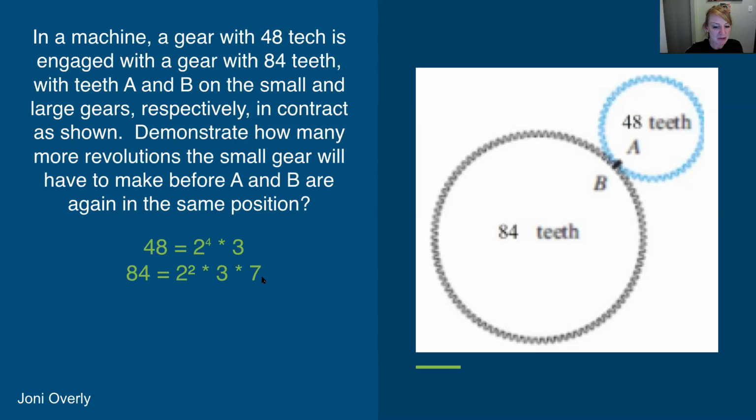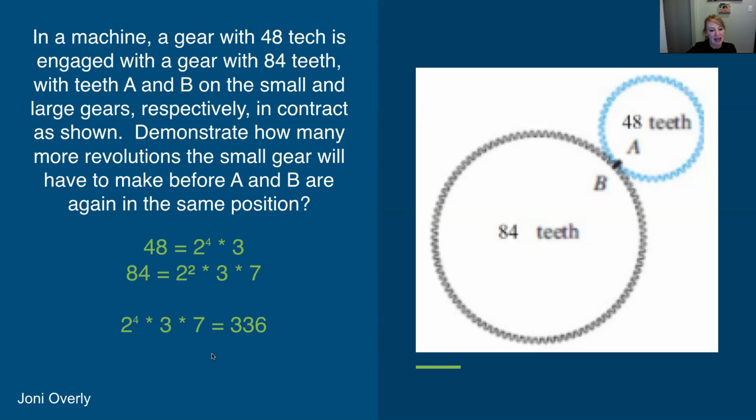We remember to use the larger exponents to find the least common multiple. This is going to be 2 to the 4th, because you have 2 squared and 2 to the 4th, and 2 to the 4th is the larger. So we say 2 to the 4th times 3 times 7 equals 336.